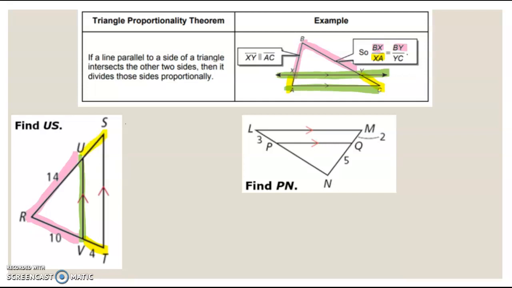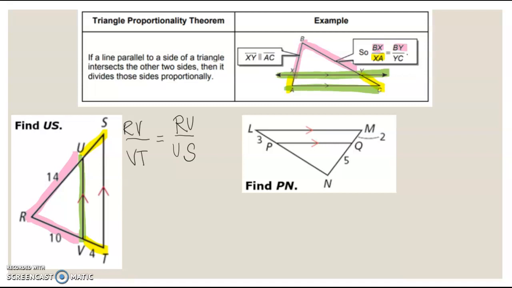So let's write that. RV over VT equals RU over US.